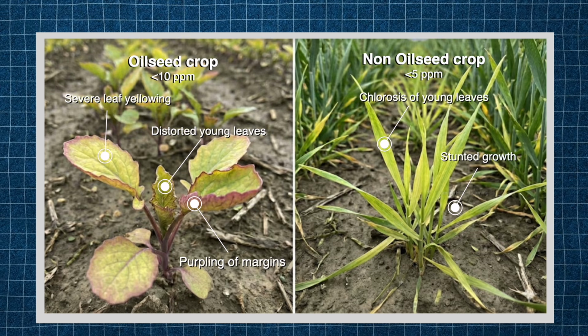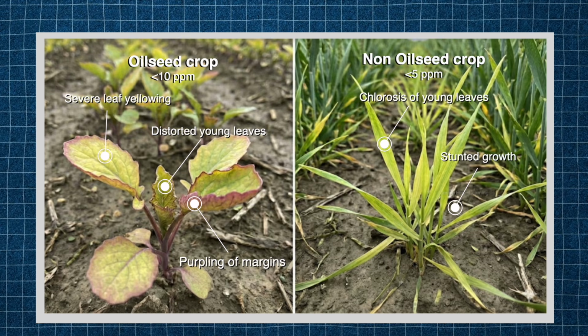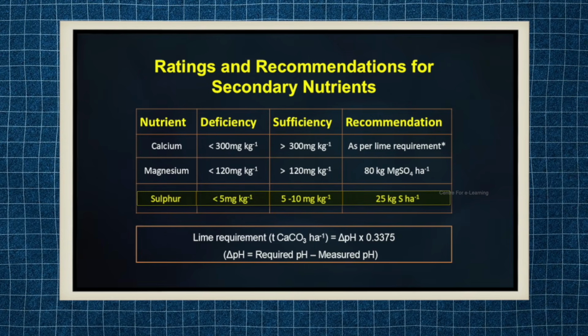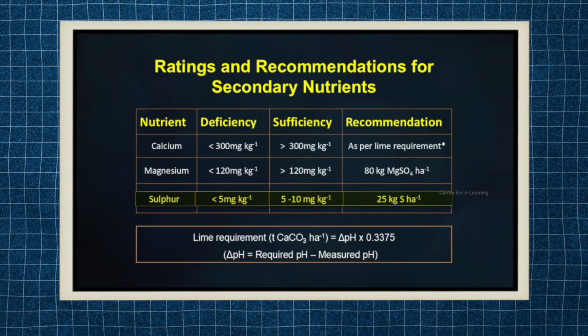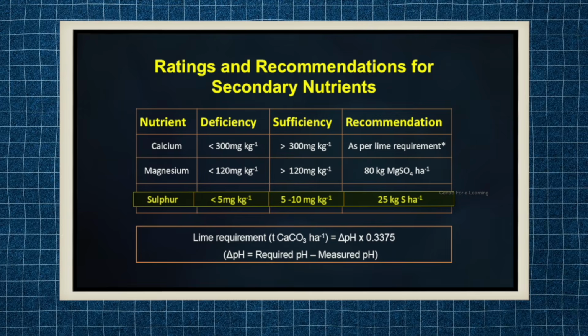If it is less than 10 in oilseed crops, it can be considered as deficient. In both cases, either you can give elemental sulfur, or in most cases, magnesium sulfate is mandatory now, because magnesium deficiency is widespread throughout Kerala. So when you are applying magnesium sulfate, you can forget about sulfur deficiency.